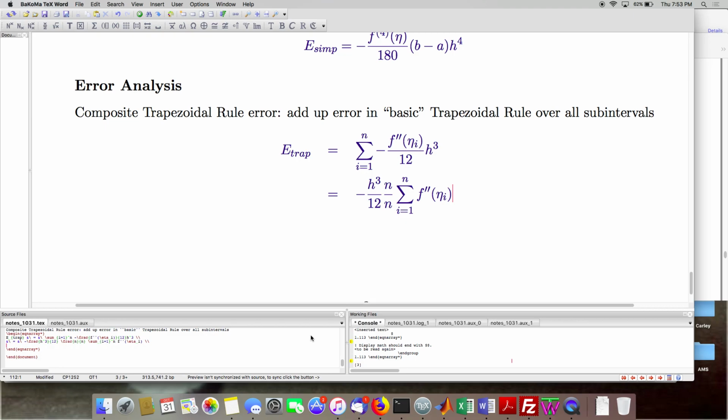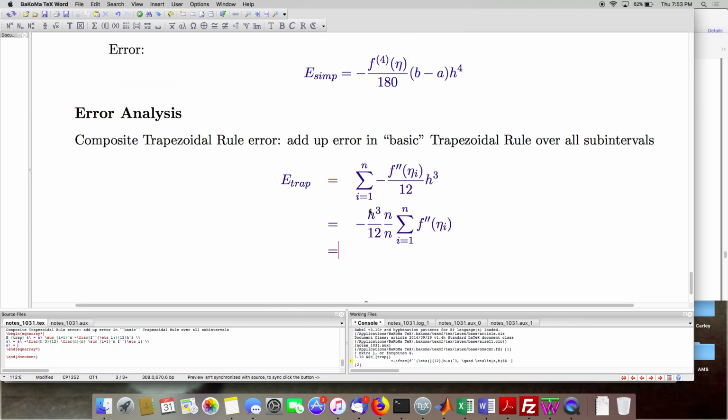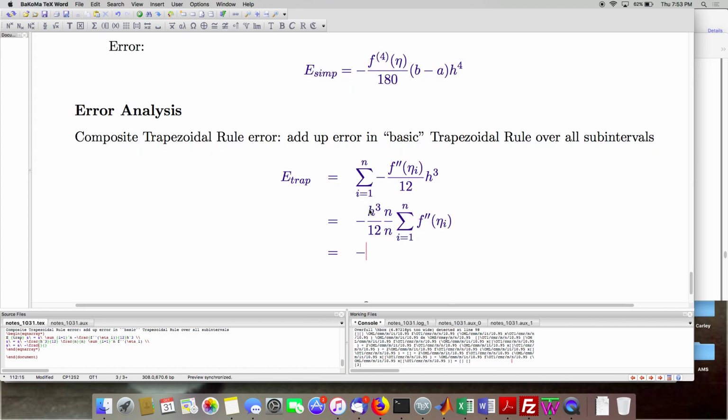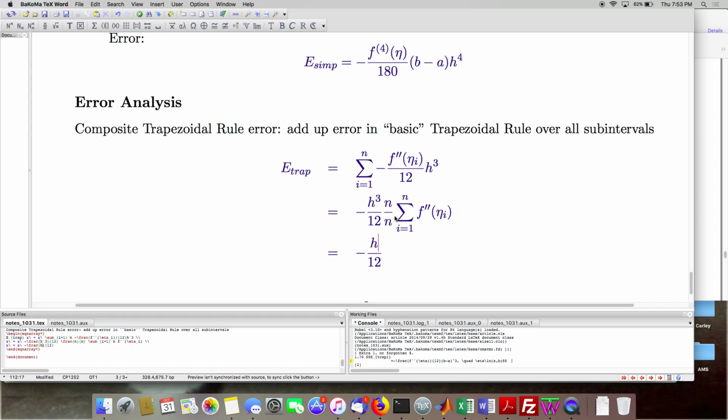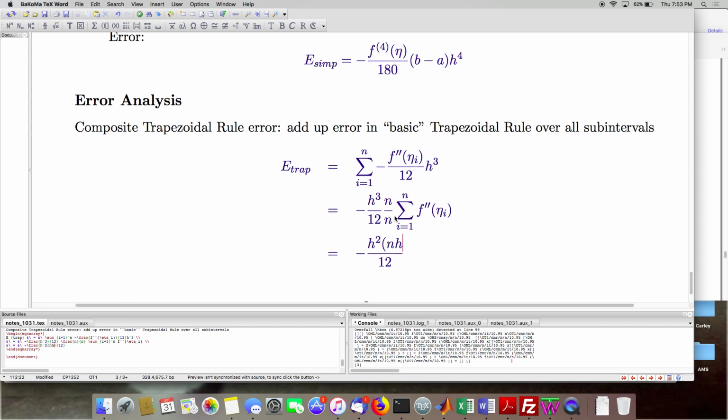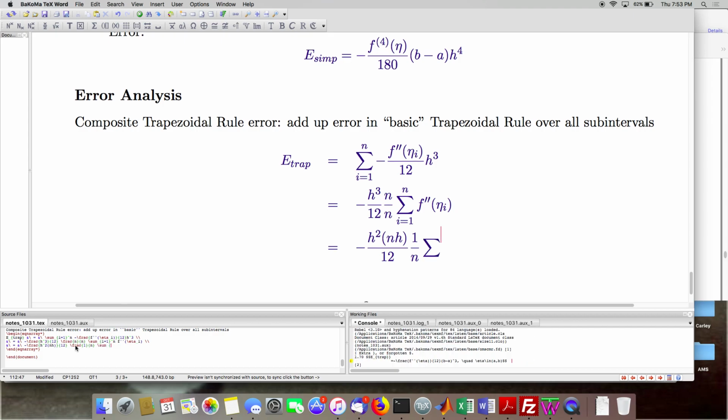Now, I'm going to take the n in the numerator and associate it with h squared times n times h. So I'm taking one of the h's from here and lumping it in with the n. And then the other n, I'm going to have still a separate fraction, and then the sum.